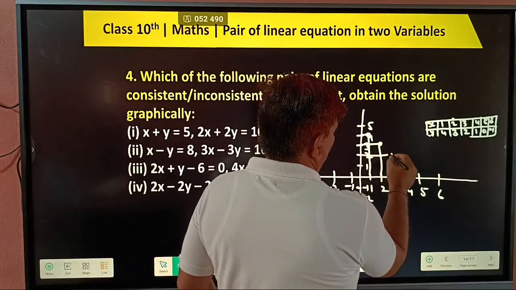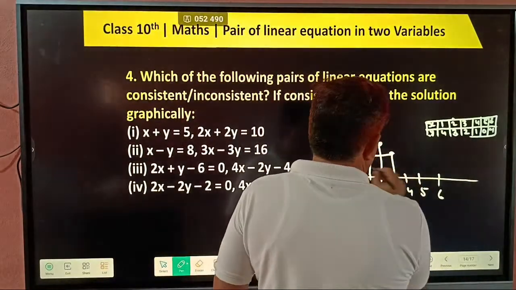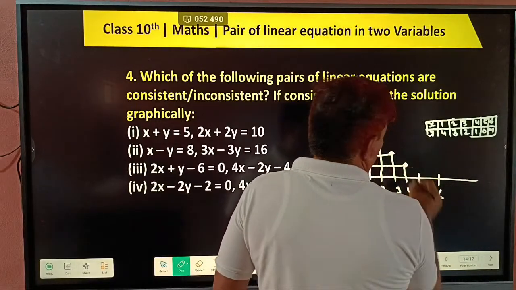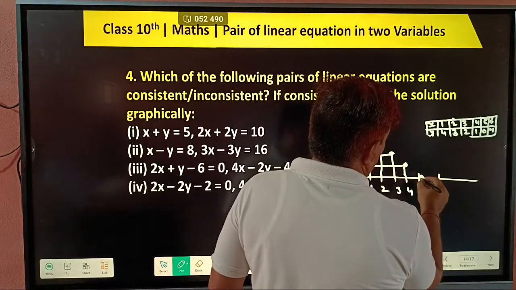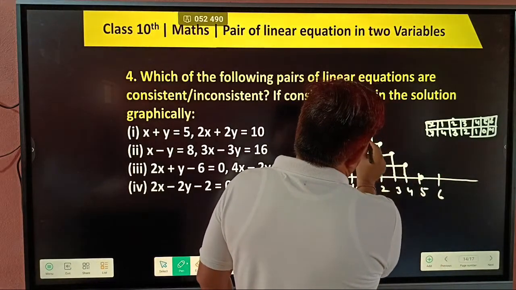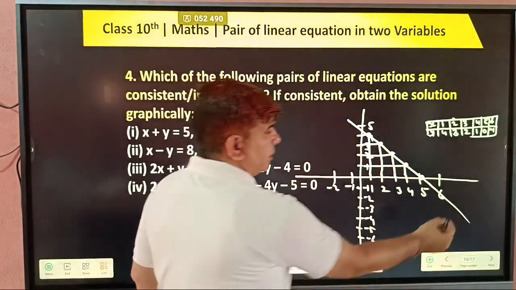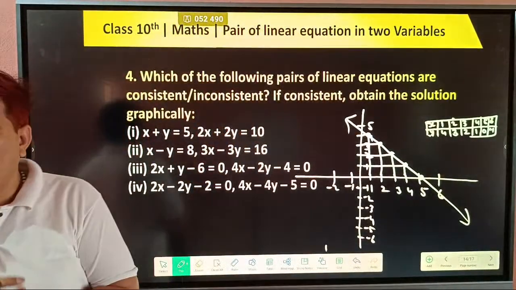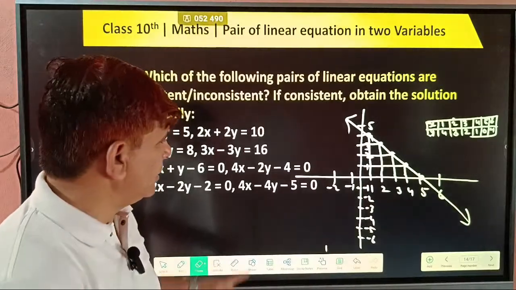Then 4, 1, like this. And 5 lies here. If you draw this, a line comes, and both lie on it. So in this way you can draw the graph. Graphically you can tell. This portion is so easy if you understand it.